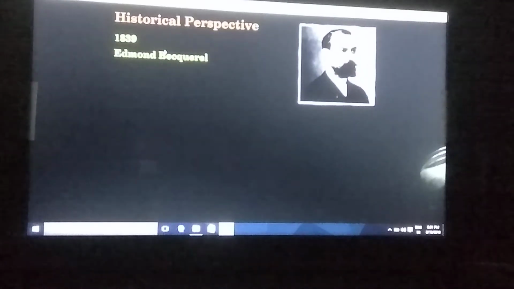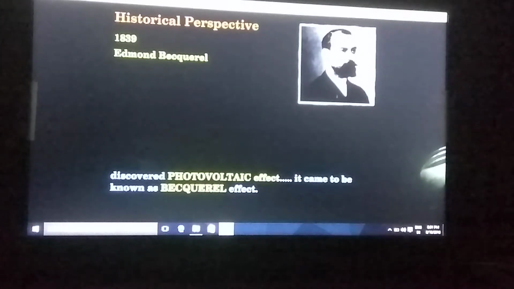We go back to the 19th century. In 1839, it began for photovoltaics. A young boy of 19 years old, Edmund Becquerel, discovered the photovoltaic effect, and it came to be known as the Becquerel effect.